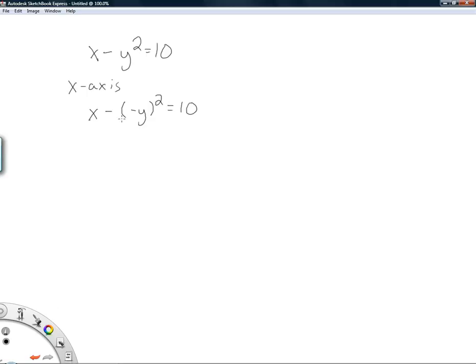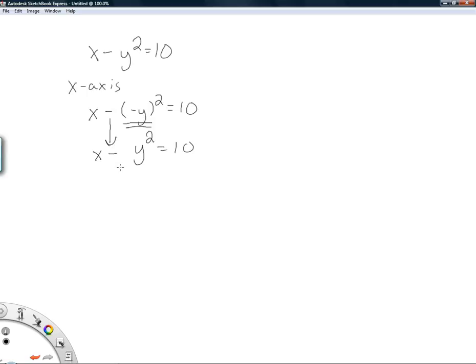Now, the confusing part is people immediately see two negatives, and they've always been taught to change it to a positive. However, remember that order of operations says to square first. So this needs to be done first, squaring the opposite of y. That is y squared. The minus sign comes down, and we have the original.